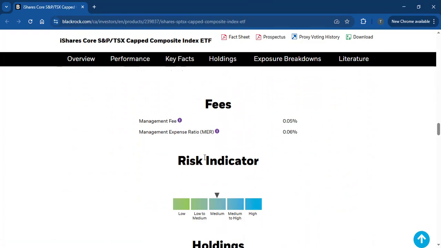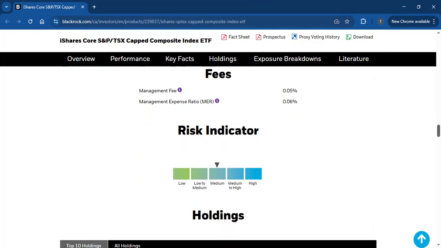And then the MER is 0.06%. They remove it from your dividend, and it's very negligible, so you can't really tell that they have taken that much out.